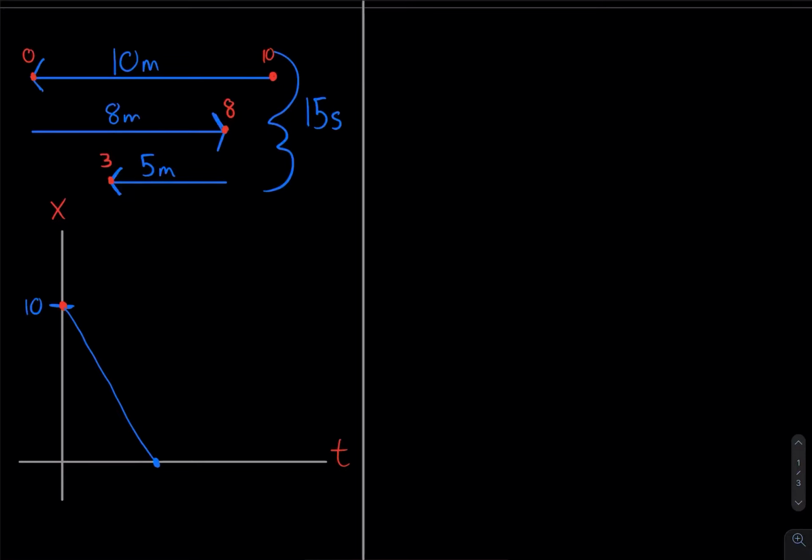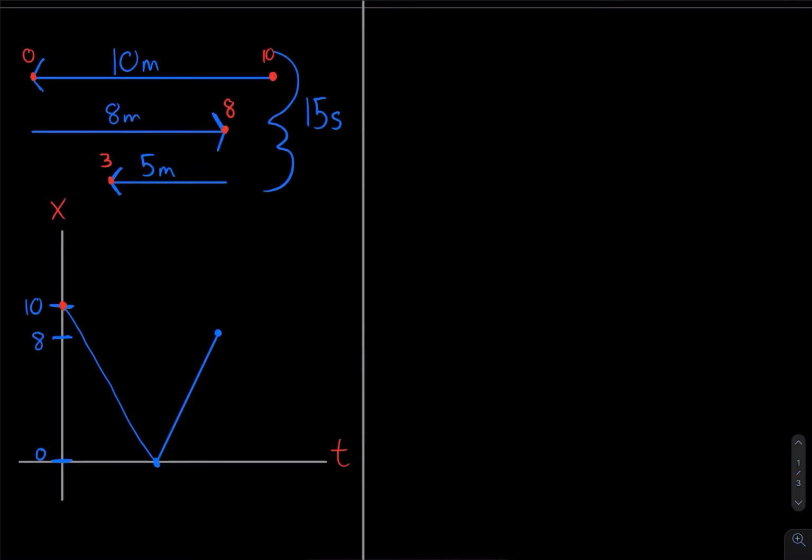I went down to 0 over some interval of time. And so this is our 0 mark right here. And then from here, I went 8 meters. So I can go from my 0 back up to about 8. We'll say right there. And this can be 8. And then I went from that 8, and I went 5 meters back down to 3.